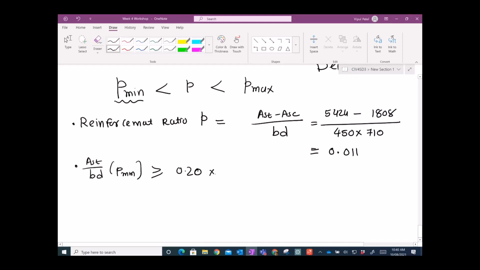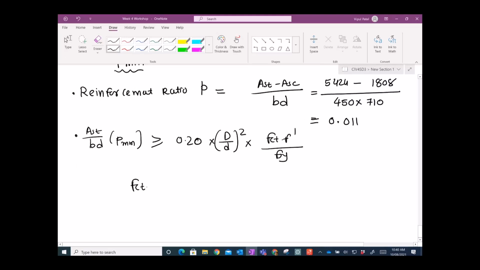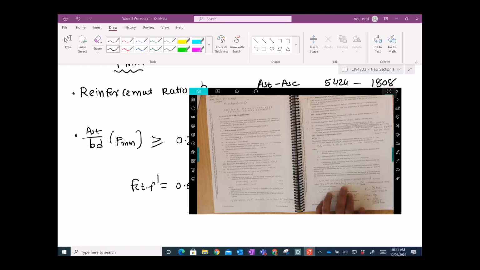I am writing it times D on small d square times FCT.F over FSY. Now in here, FCT.F is equal to 0.6 times square root 32. Where is it coming from? I think you know this one.